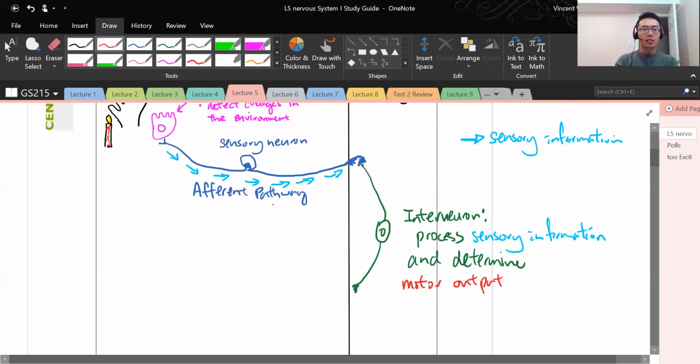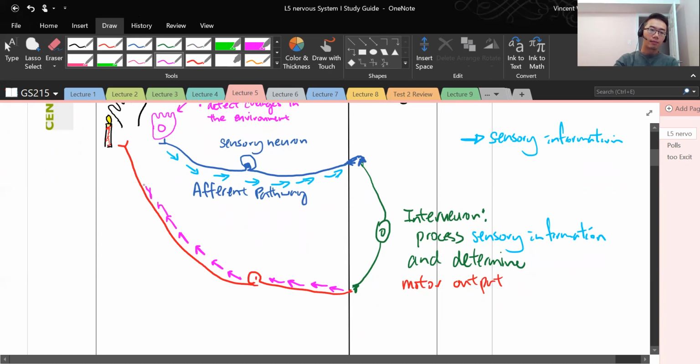So once you decided what is the best thing to do, then it's going to relay that information through the motor neuron. It's going to go back to the hand in this case, and then it's going to be transmitting the motor information, the motor output. Like this. And so this is the motor information.